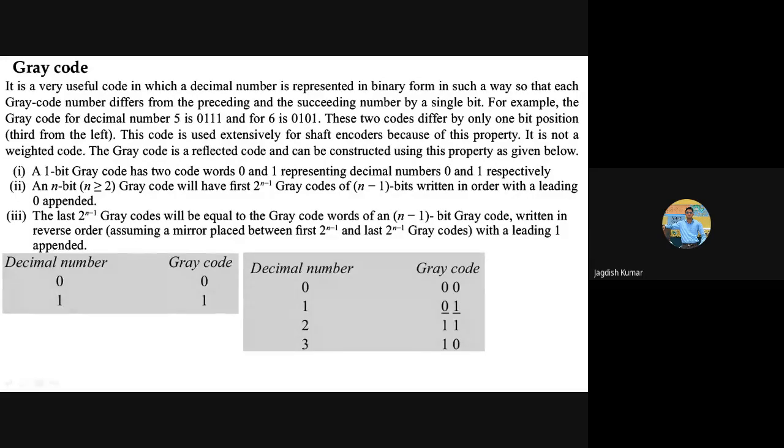So in the 3-bit number system, what is 3? Then what should be 4? I think most of you are writing it the wrong way. You are not doing it properly. What is 2?